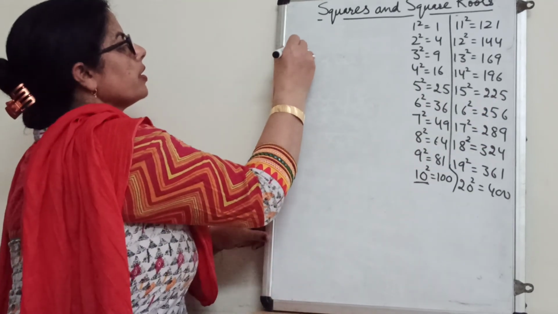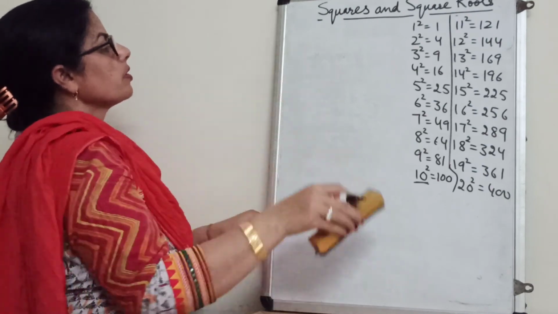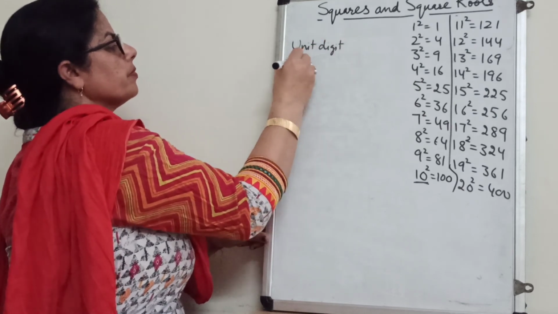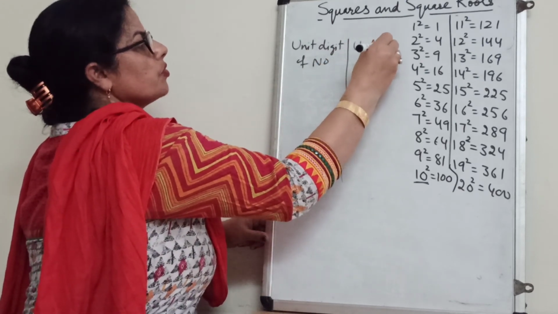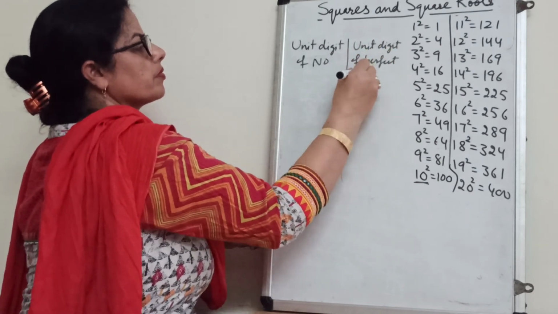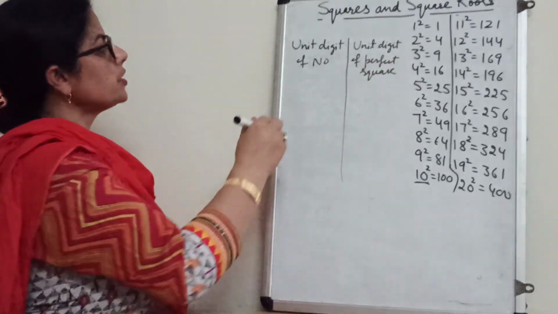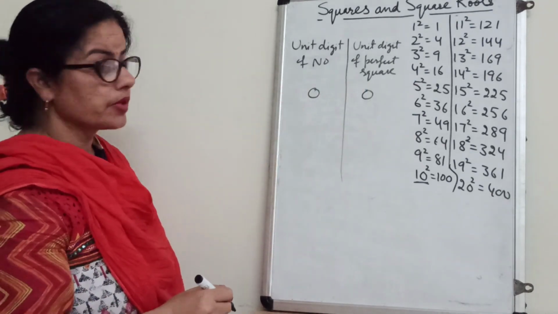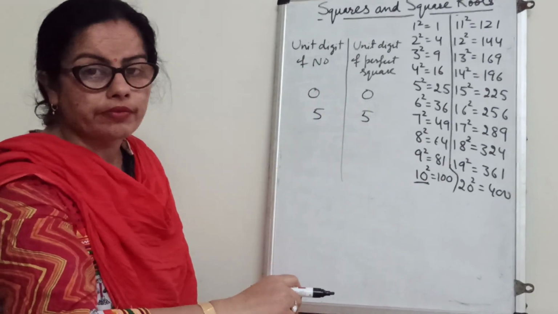See, here I am writing the unit digit of the number and the unit digit of the perfect square.